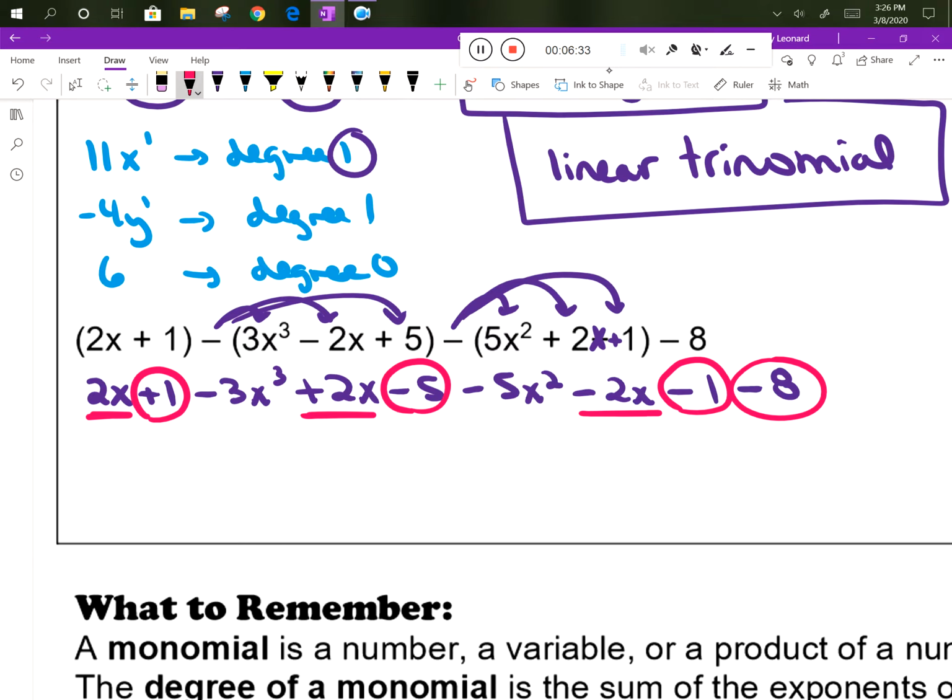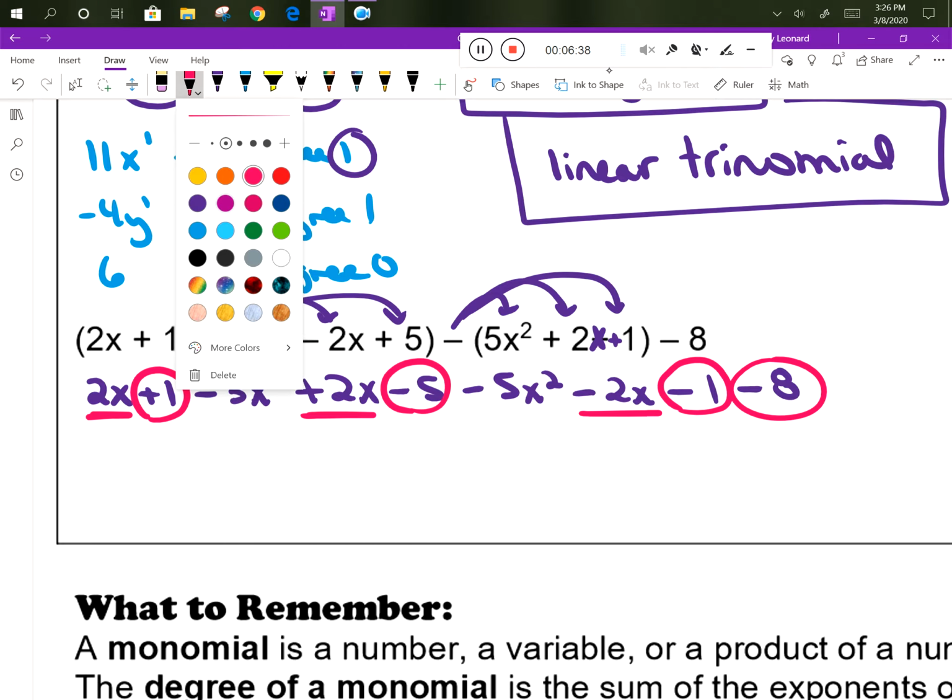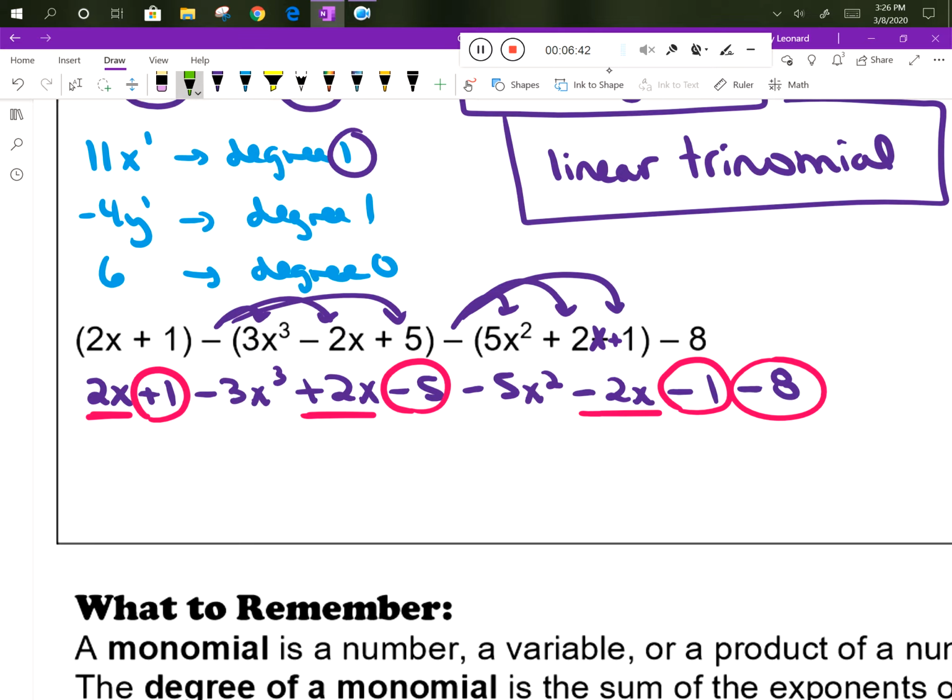So those are all like terms. Let's see what else we have. I see that we have a negative 3x cubed, and I don't see anything else that has an x cubed. And I see a negative 5x squared, and I don't see anything else that has an x squared. So some things don't have any like terms to combine with.